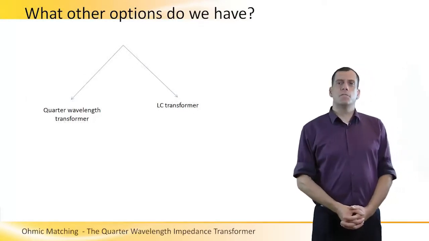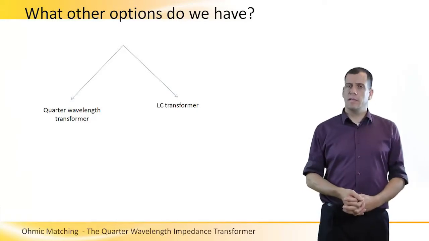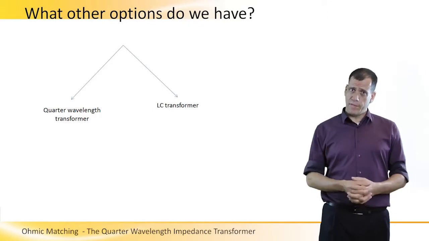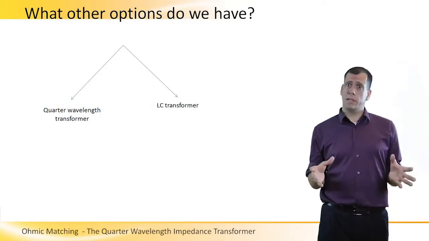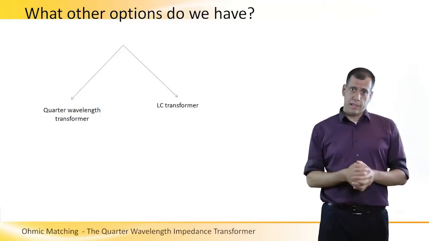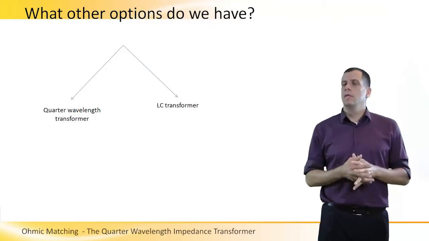So what other options do we have? There are two other options that we can use. The first option is the quarter wave transformer. Quarter wave transformer, I mean the printed one, the microwave one without components at all, that you can implement in any type of transmission lines that you work with.